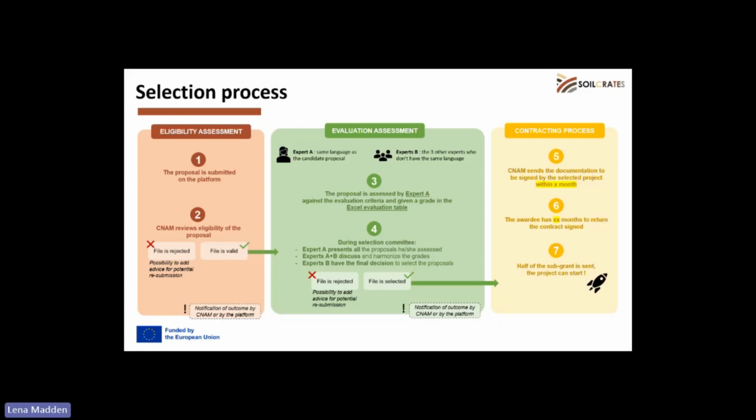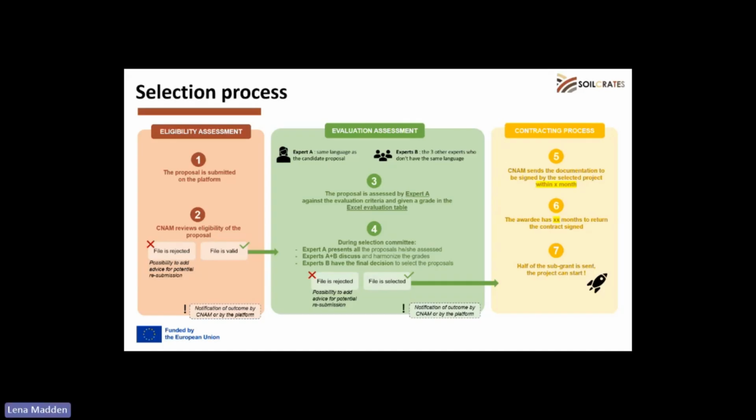We're talking about different languages because all proposals will be submitted in the language of the country where the Living Lab is located. For Ireland, it doesn't matter, everyone speaks English. The other countries might have a problem there.